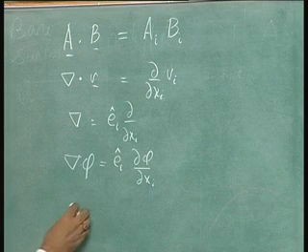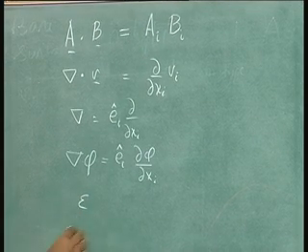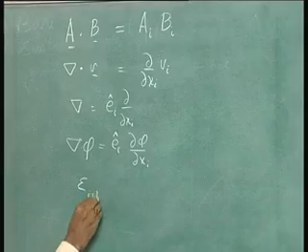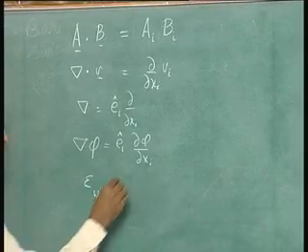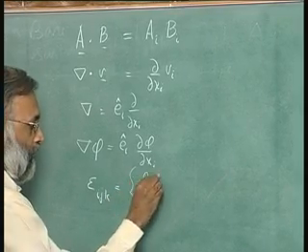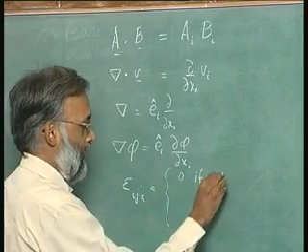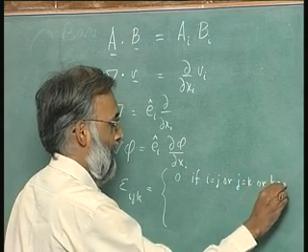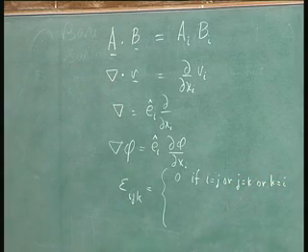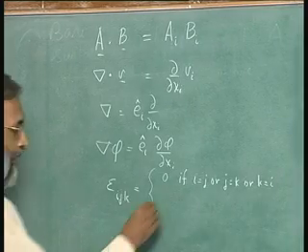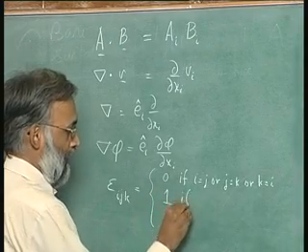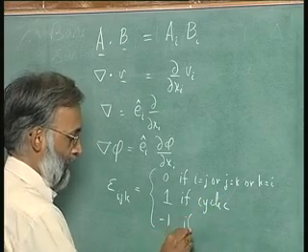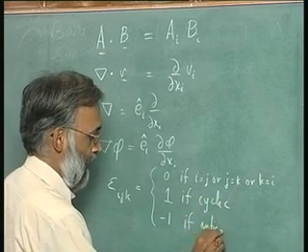I defined something I call the unit anti-symmetric tensor epsilon i j k, which was equal to 0 if i equals j or j equals k or k equals i, and is equal to 1 if cyclic, and equals minus 1 if anti-cyclic.